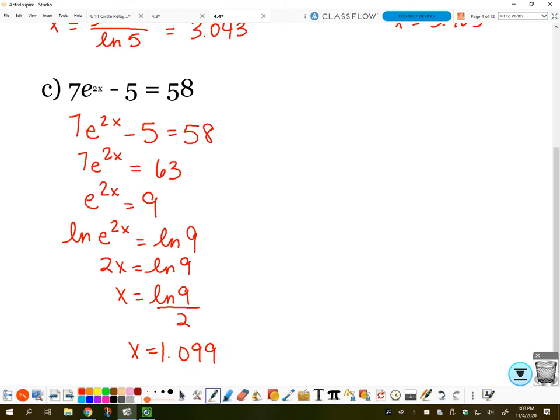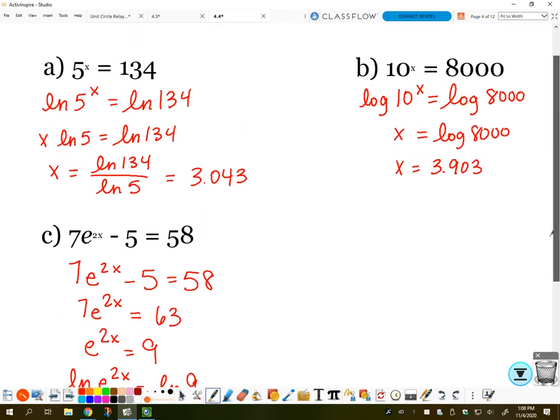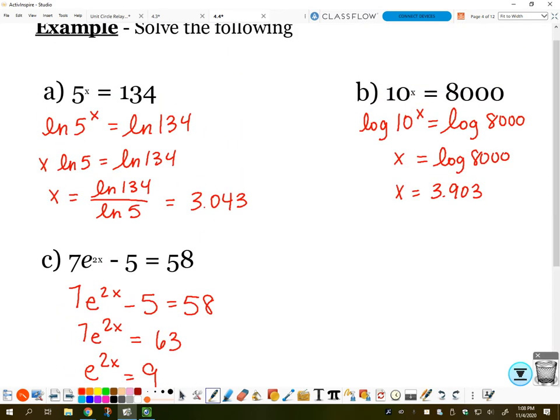Okay, so if you would like, on that first problem, you could have done log base 5 of those sides. So I will show you the other way that you can do this. On these, we picked either log or ln, like common log or natural log, because of the base. Well, you could do the same thing here.